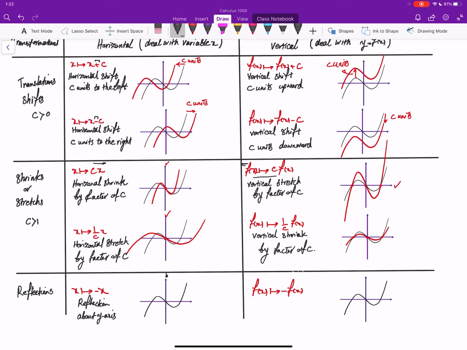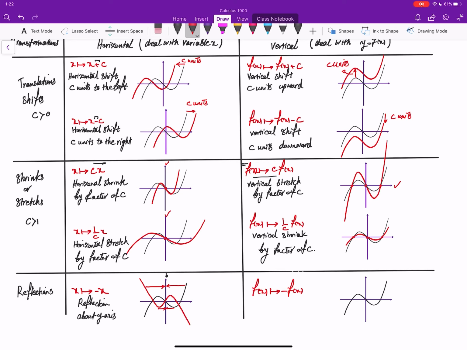Well, I cannot do this with the tools I have, so I do it by hand here. So it means this point here, you find the mirror image of that for every point you have here. So you will have that there. So basically it goes something like goes down, comes up, goes down.